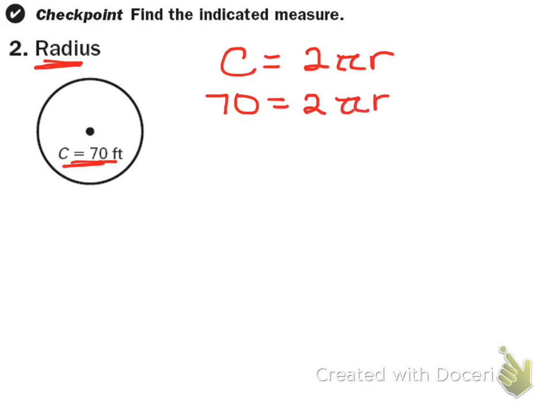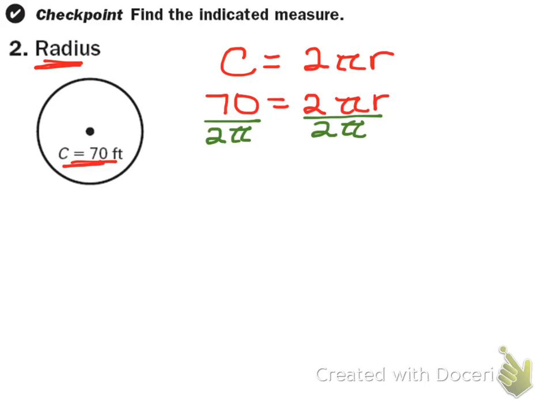You should have divided both sides by 2 pi. Now, the common error here, when students punch this into their calculator, they want to do 70 divided by 2 times pi. Make sure that you're taking 70 and you're dividing it by 2 and you're dividing it by pi.